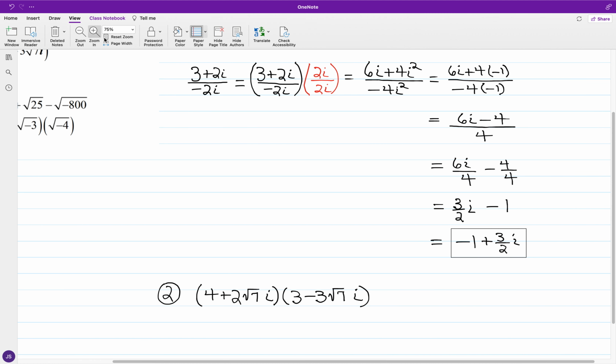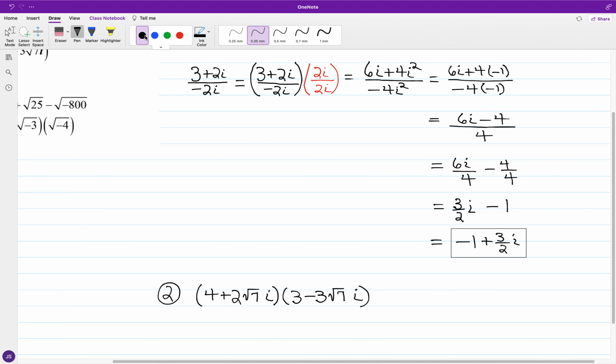the products. For the first item, we have 4 times 3, which makes 12. For the outside product, we have 4 times negative 3 square root of 7i, so minus 12 times the square root of 7i.